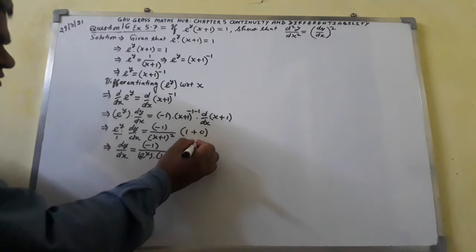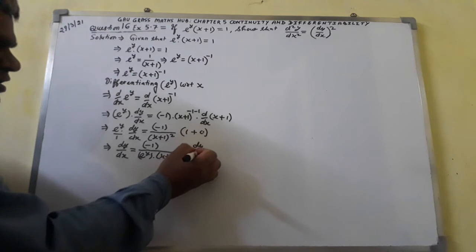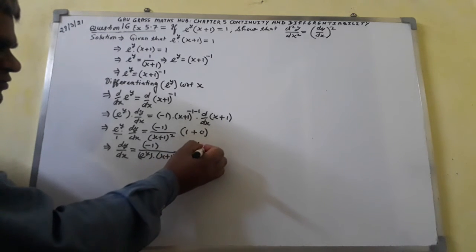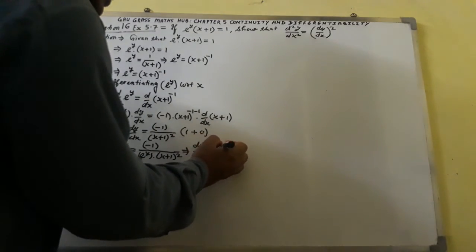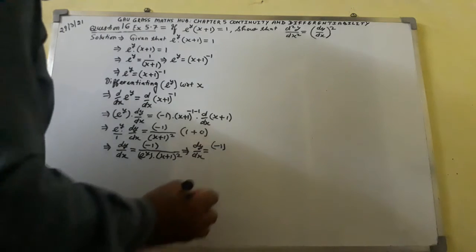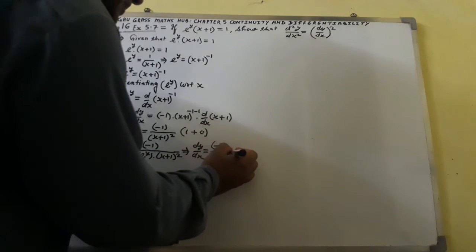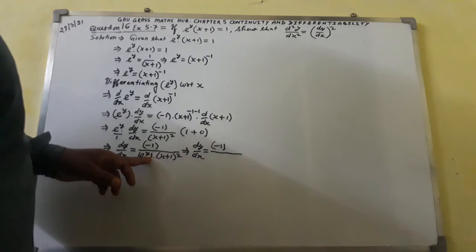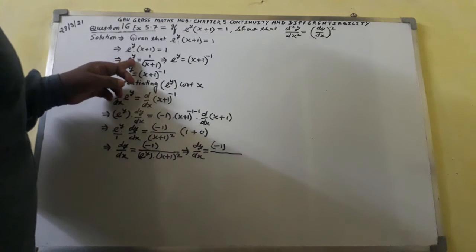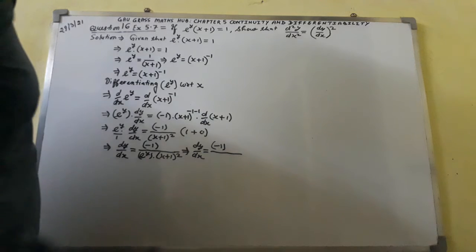Implies that dy over dx equals minus 1 over e raised to the power y, I shall write 1 over x plus 1.